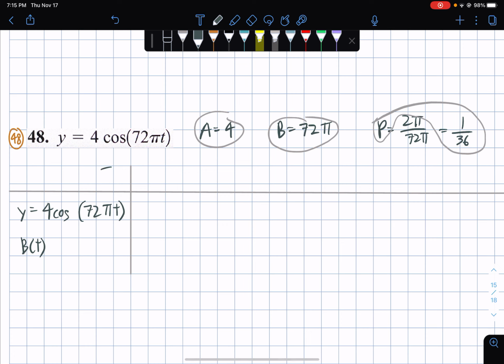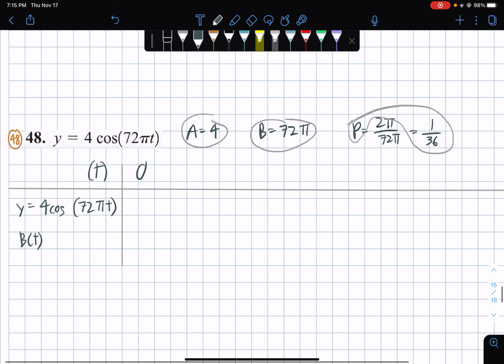So the t would range from 0 all the way to 1 over 36. 1 over 36 divided by 2 is 1 over 72. 1 over 72 divided by 2 is 1 over 144.